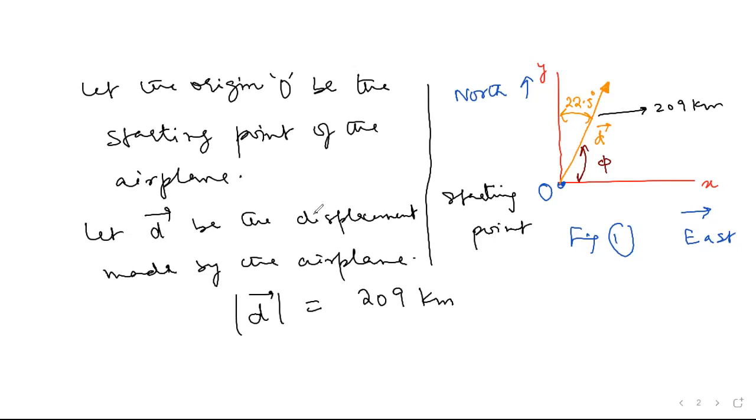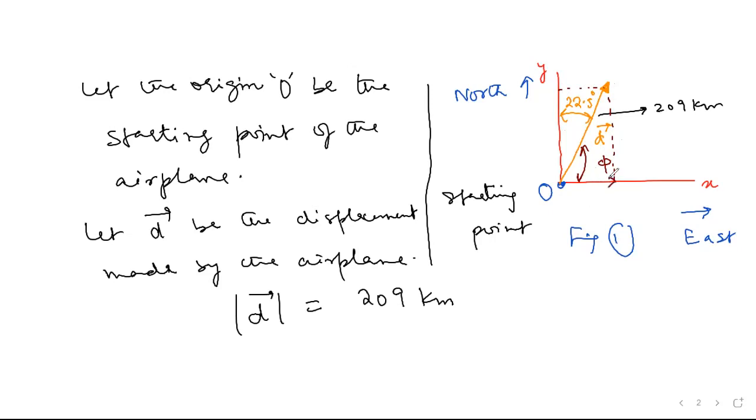Now we are asked to find how much the plane goes along east and how much it goes along north. What we can do, we can resolve this vector d along east and north directions.